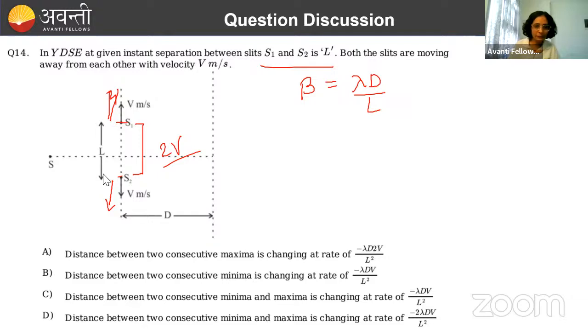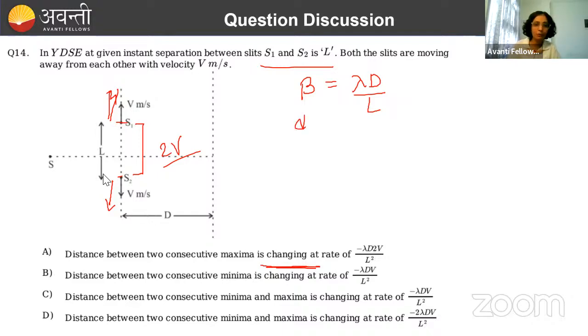Now distance between two consecutive maxima is changing. Rate of change पूछ रहा है. How do we calculate rate of change of anything? Rate of change means with time we have to differentiate it, right? Rate of change of distance, rate of change of velocity, rate of change of acceleration. It means we have to differentiate them with respect to time, right?